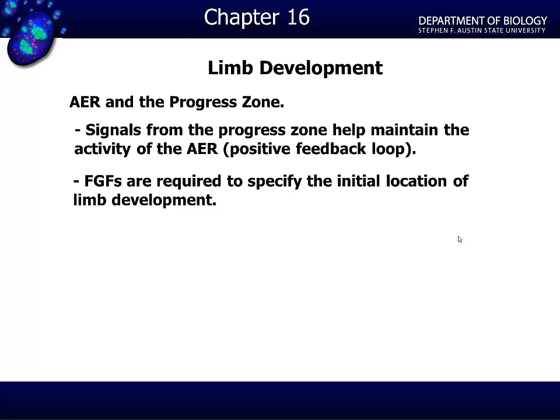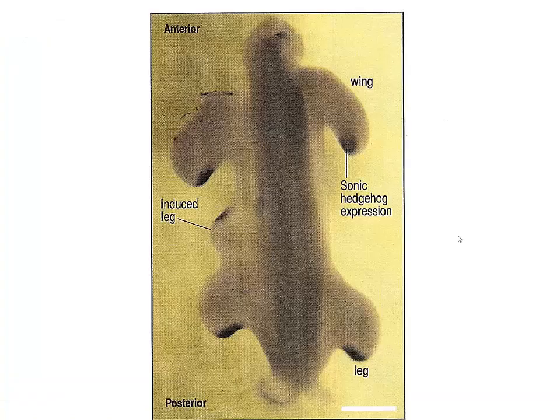Now, the other thing to mention is FGFs are also important for the specification of where the limb is going to form. And again, we do the experiment where we take a latex-coated bead and instead of putting it in place of a limb, we actually are going to transplant that on the side of the embryo where you shouldn't form a limb.